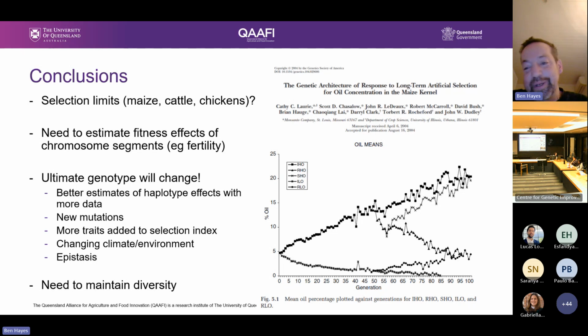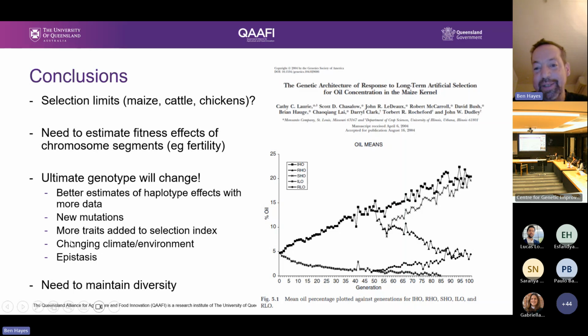The other point to make is that our ultimate genotype will change. I think it's a bit hubristic or egotistical to think we're going to know the ultimate genotype and it's never going to change. We're going to get better estimates of haplotypes over time, so that will change what we define as the ultimate genotype. There's new mutations coming through all the time.